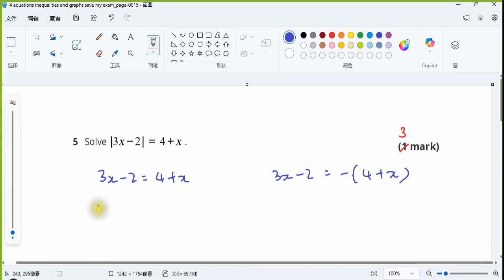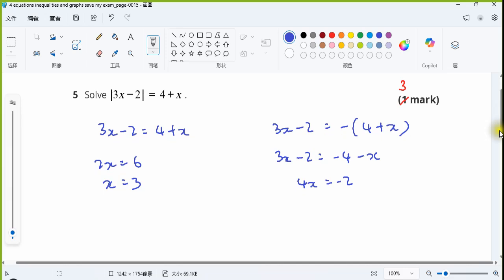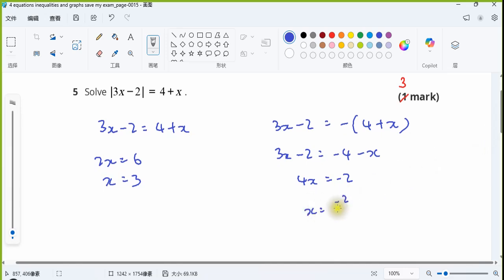So 2x equals 6, x equals 3. And then we have 3x minus 2 equals negative 4 minus x. 4x equals negative 2, then x equals negative 2 over 4, x equals negative half, negative 0.5. So we have x equal to 3 and x equal to negative 0.5.